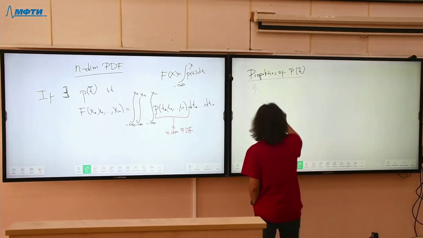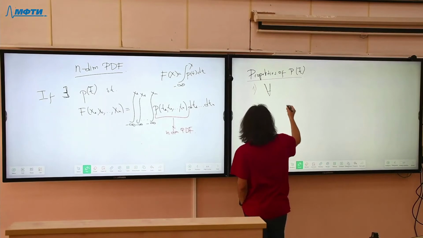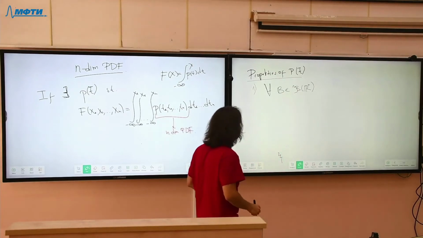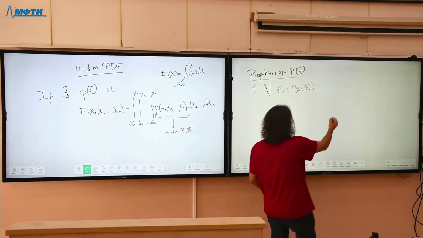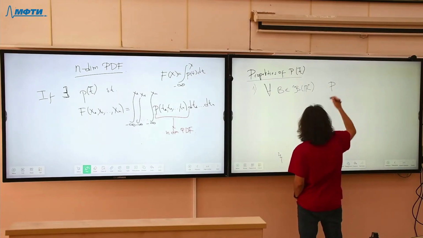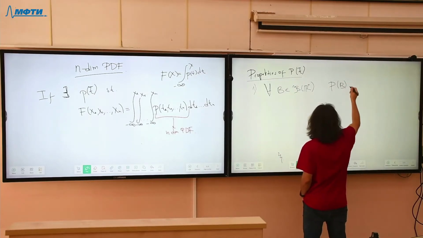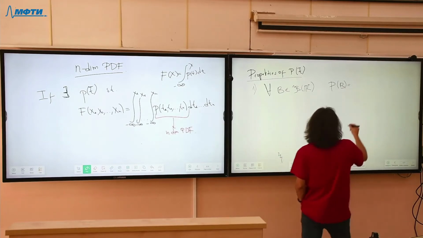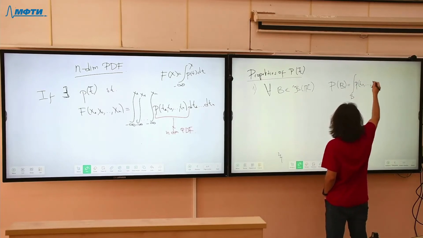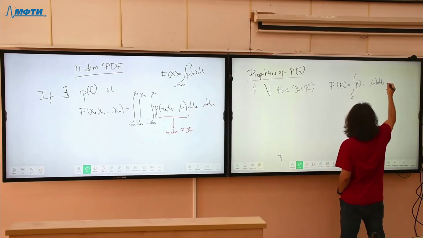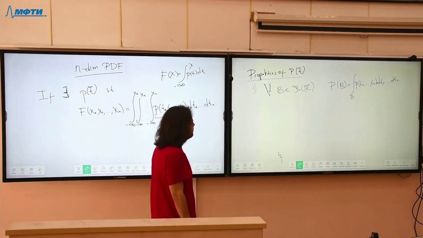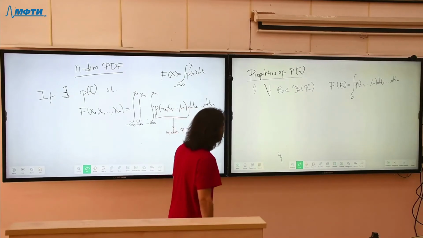So this is exactly the same for every Borel set B in the space: the probability of B will be just the integral over B of the function. So this is the first property.